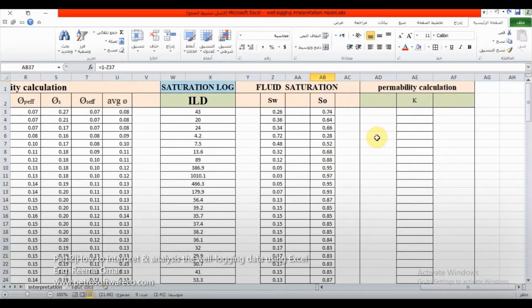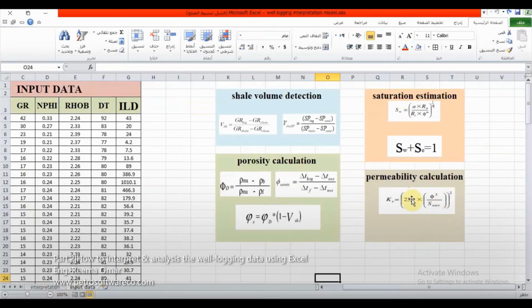Now after calculating the fluid saturation, you need to calculate the permeability. As we said, no log gives us the permeability directly, so you need another equation based on other parameters to calculate the permeability. The permeability will be calculated based on this equation.